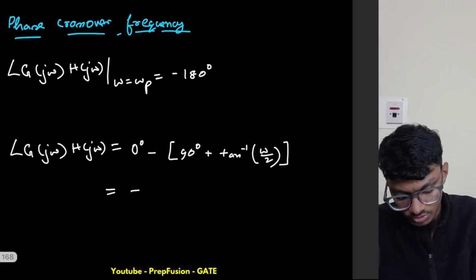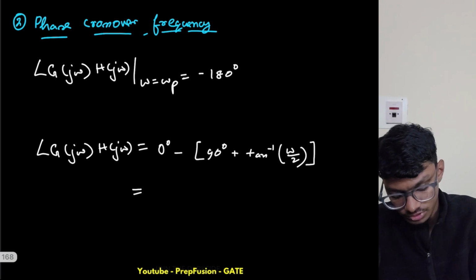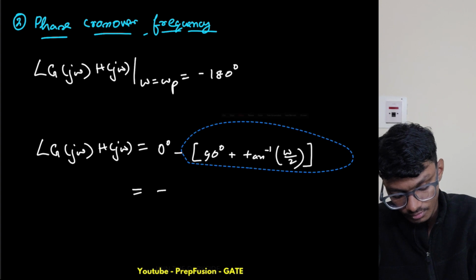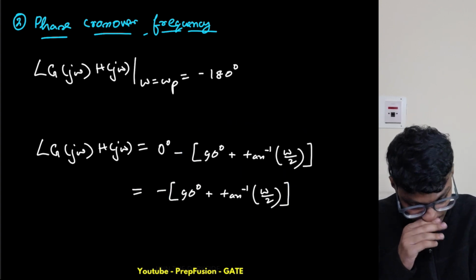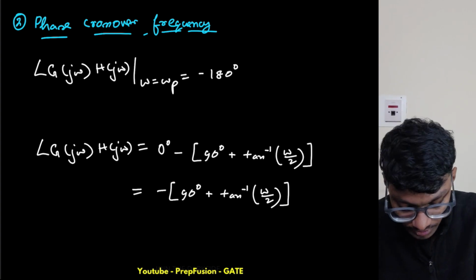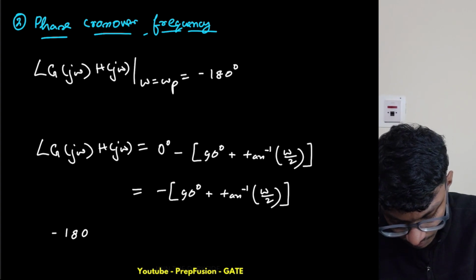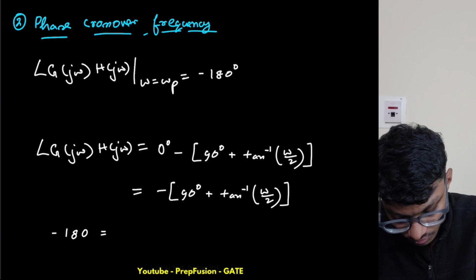Let me keep the minus sign outside itself. I need this one equal to minus 180 itself. So minus 180 equals this minus 90.